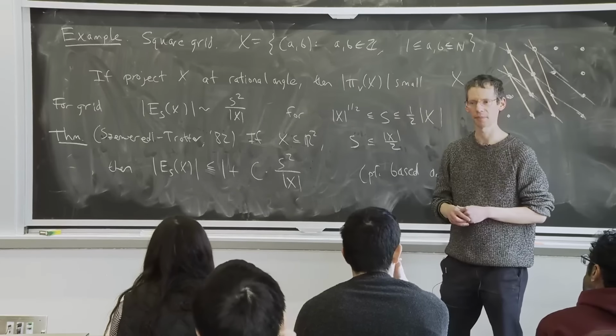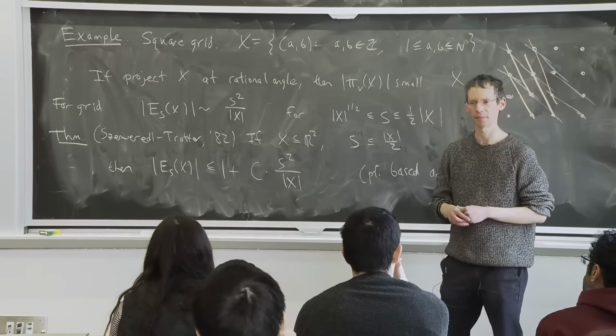If you have a bunch of unit balls, its area is more or less the same as the number of unit balls. OK. So then if we look at pi_v of x, that would be the length of pi_v of x. All right. So now I want to make a question like the Szemerédi-Trotter question.